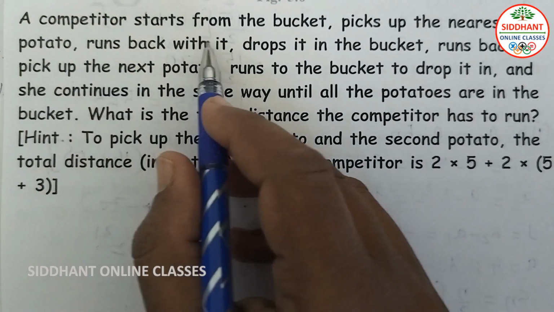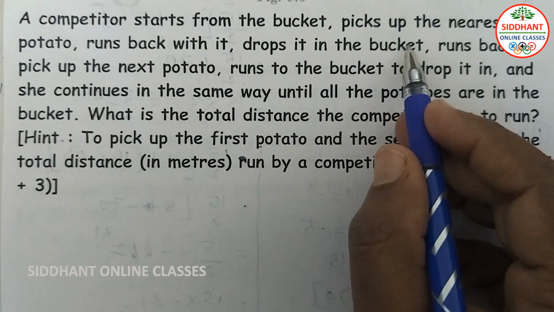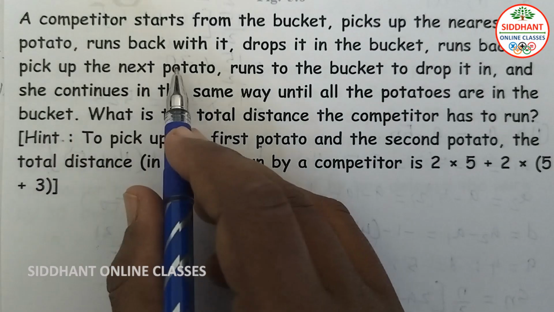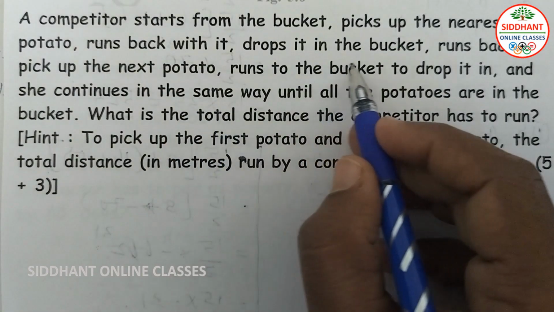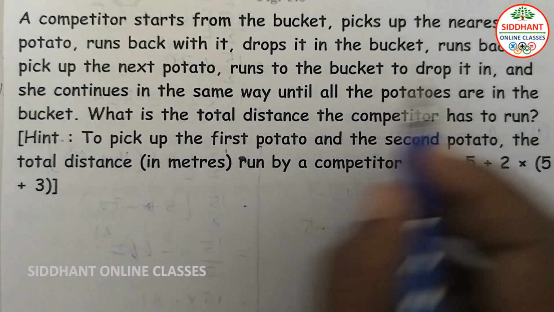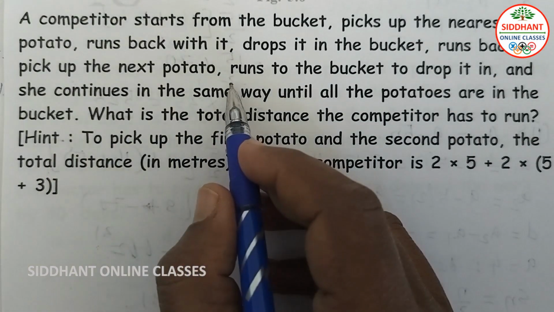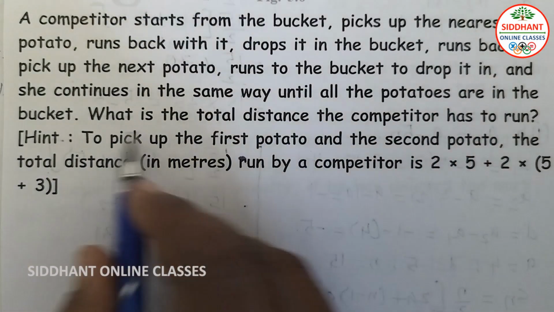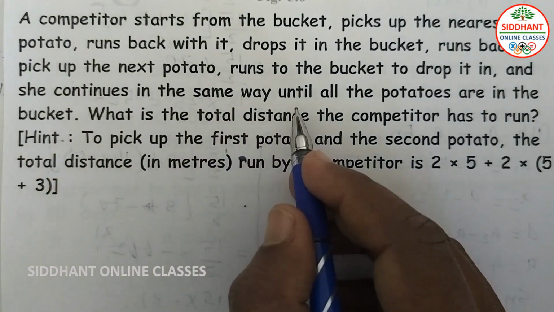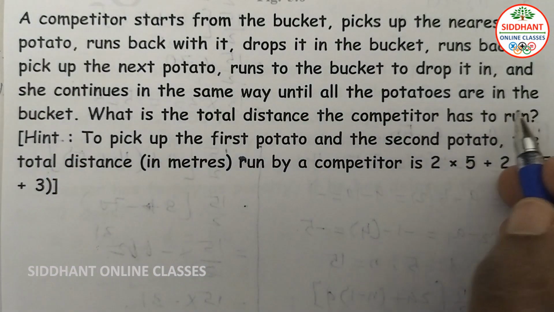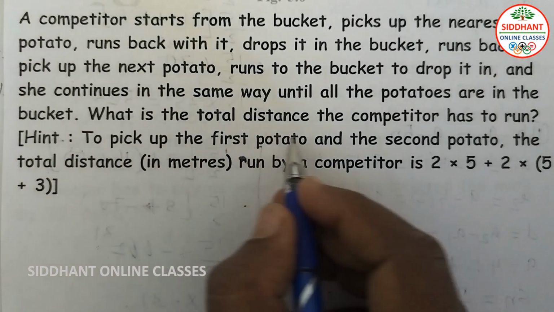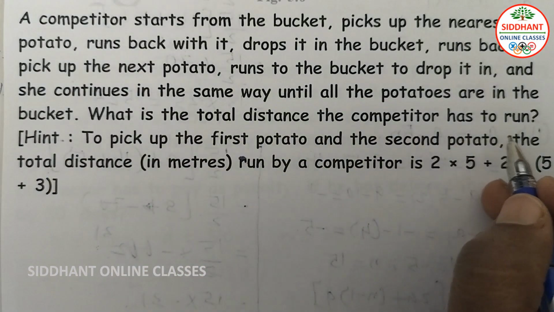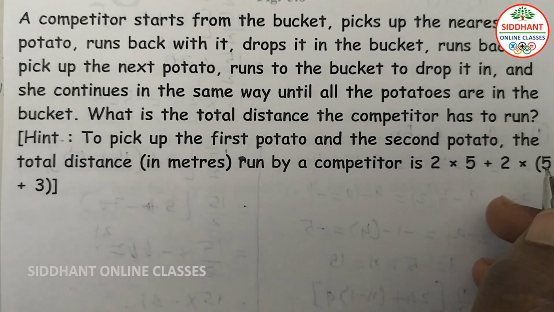A competitor starts from the bucket, picks up the nearest potato, runs back with it, drops it in the bucket, runs back to pick up the next potato, runs to the bucket to drop it, and she continues in the same way until all potatoes are in the bucket. What is the total distance the competitor has to run?